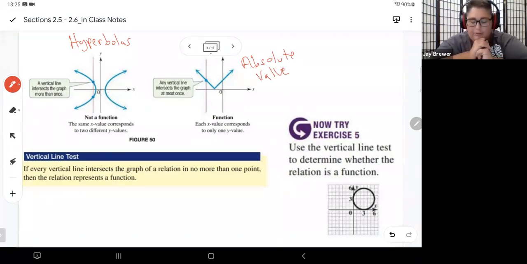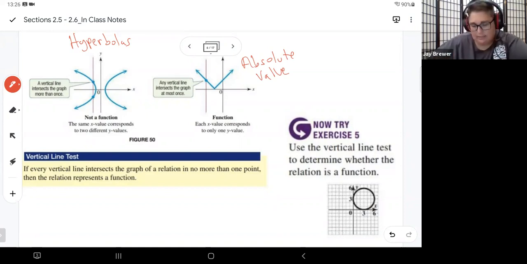Here your author is introducing this idea of the vertical line test. We've already been using it, but I'll go ahead and read it for you anyway. If every vertical line intersects the graph of a relation in no more than one point, then the relation represents a function.